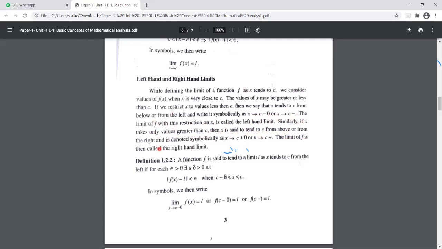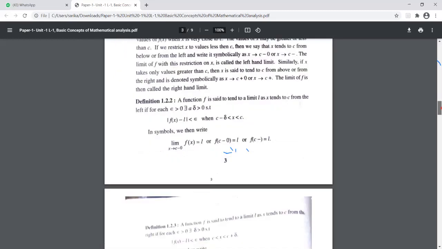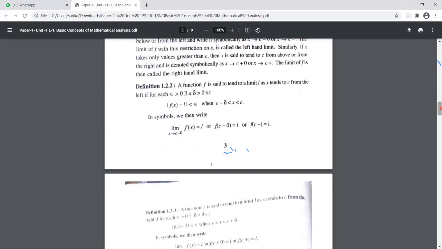The limit of f is then called the right hand limit. So left hand is c minus, right hand is c plus. Right hand is always right, increasing. Left hand, because we don't give much value to it, is decreasing. So c minus. Remember like this.